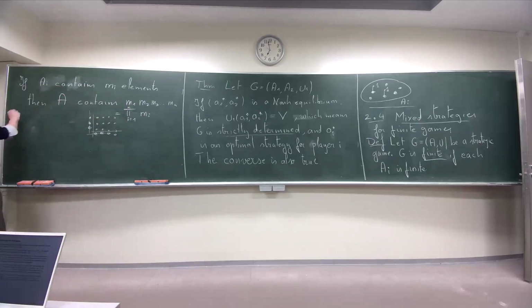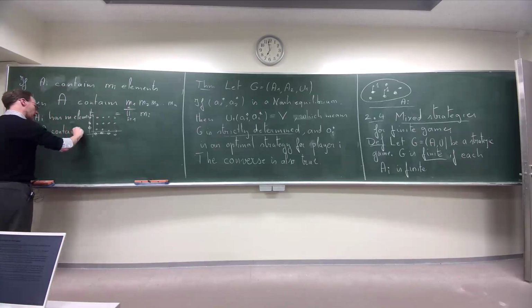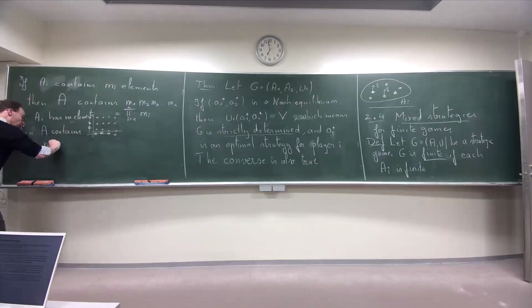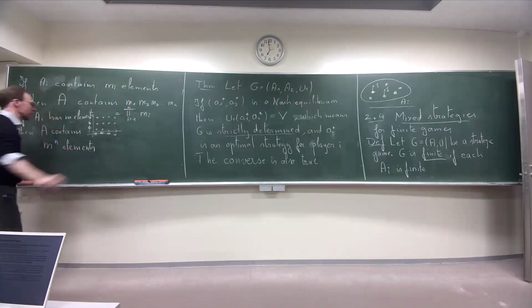And of course, if all these numbers are the same, m, then A contains m to the power n elements. This is just m times m times m times m.